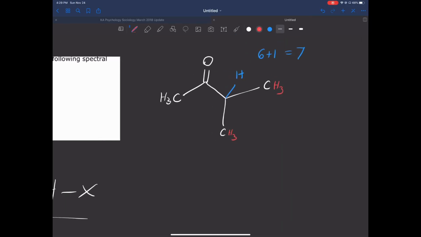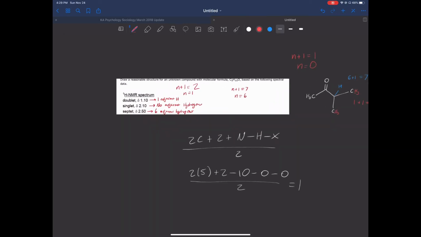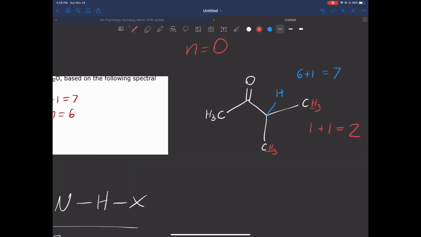And it has 1 adjacent hydrogen, which is that blue one. 1 for the blue, plus 1 to account for what we're looking at as our hydrogen of interest, which is one of these, or one of anything from there, is 2. That's your doublet. So our answer is just going to be this ketone. Okay? So that's how we do that. And so that wasn't too bad of an example.